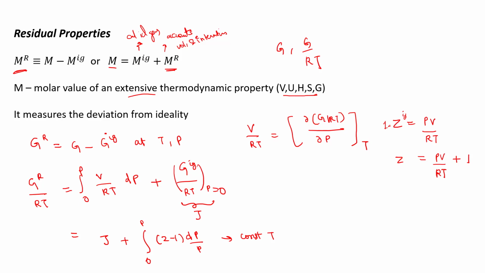One thing to be noted here is this J: this integral will have a minus something at P tends to 0, and G, or this J, is also at P is 0. So this is also a relation for G by RT. What I'm saying is that this term and the third term will get cancelled, and what you will be left with is at the pressure P only.